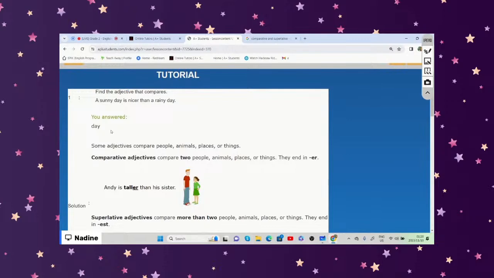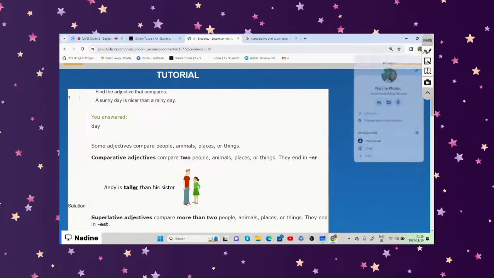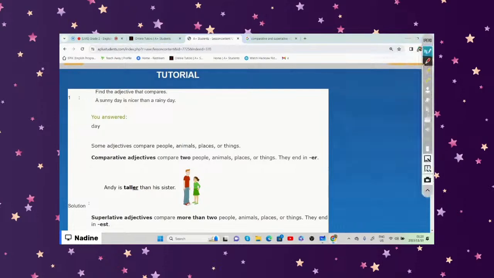A sunny day is nicer than a rainy day. So if we find the adjective that compares, we're going to say it is nicer. It ends in er.